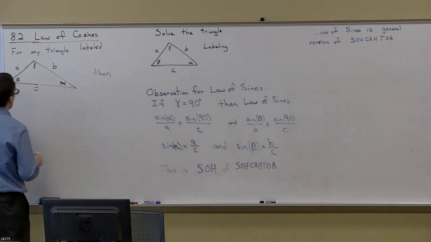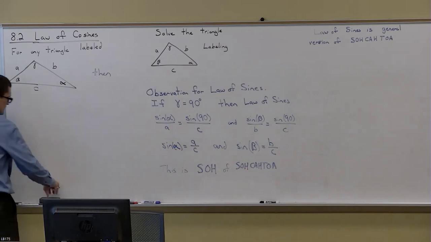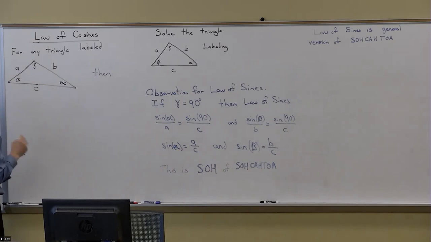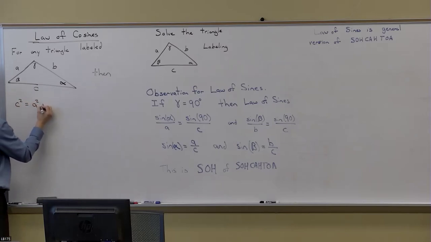So the Pythagorean theorem, well, let me just say it this way. Here's what the law of cosines says. The law of cosines says that for any triangle, right or non-right, labeled in this way, then we get c squared is a squared plus b squared.